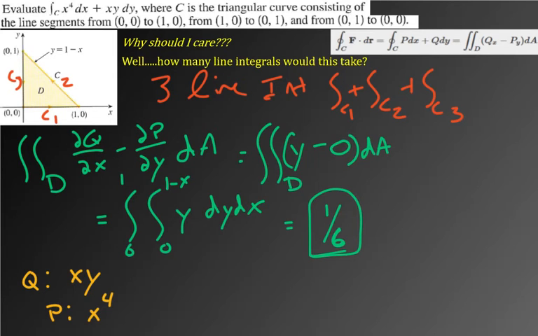I assure you, and I'm not going to take the time because it would take forever, if I did the line integral around the boundary curve C, I'm going to have to do 3 line integrals, which I have to also parameterize, remember, and it's just tons of work. This is so much easier, and you should just look at it as the fundamental theorem of calculus a dimension up.